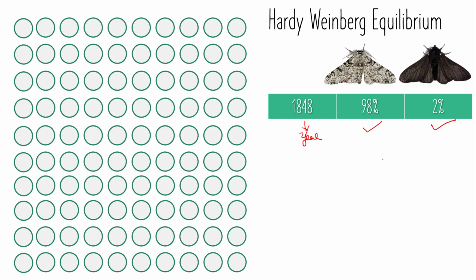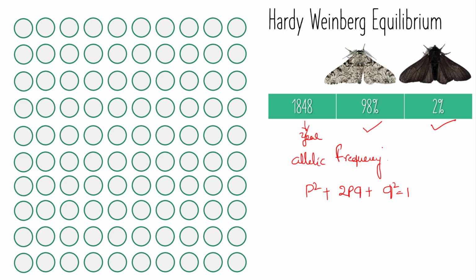When you find out the allelic frequency of these, the allelic frequencies can be calculated by substituting into the Hardy-Weinberg equilibrium equation, that is p square plus 2pq plus q square is equal to 1.